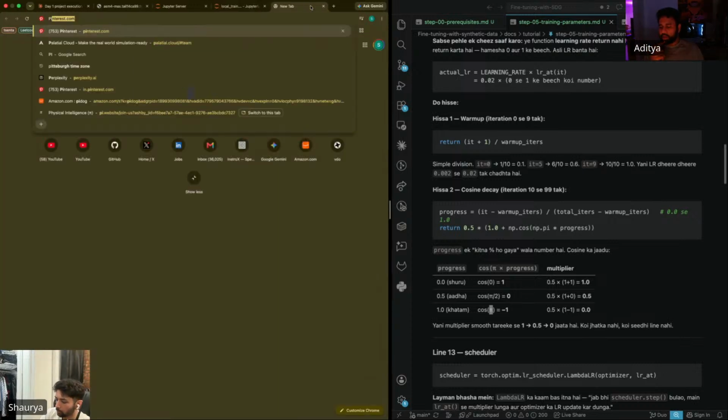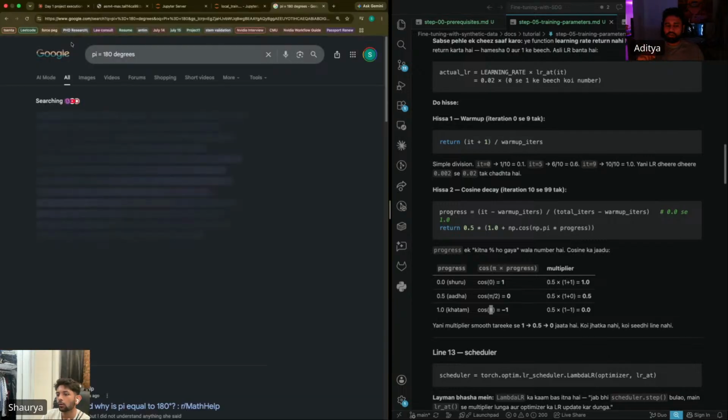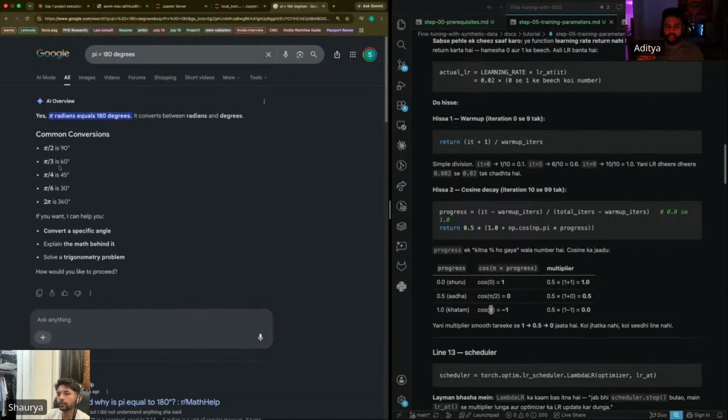Cos pi by 2 is 0. That's 90. Cos 180 is minus 1. Yes, pi radians is equal to 180 degrees. Pi by 2 is 90. Pi by 3. Damn, high school maths.